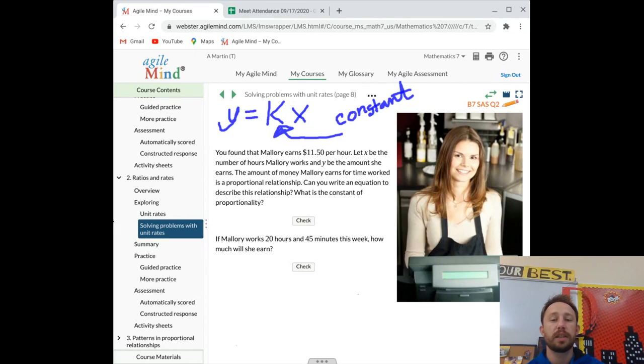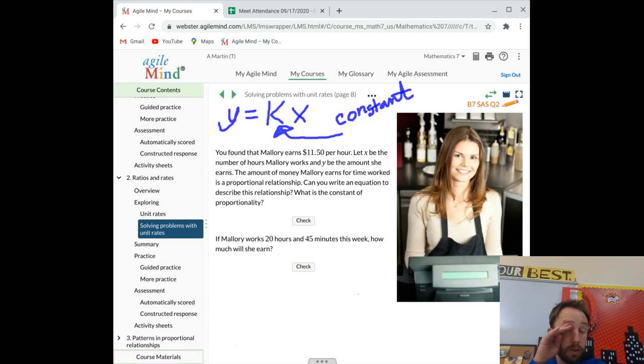What is the constant of proportionality? We should know this. 11.5. Good, it's $11.50. Since we know the constant, what do we need to do to create an equation? Write in sentence form.